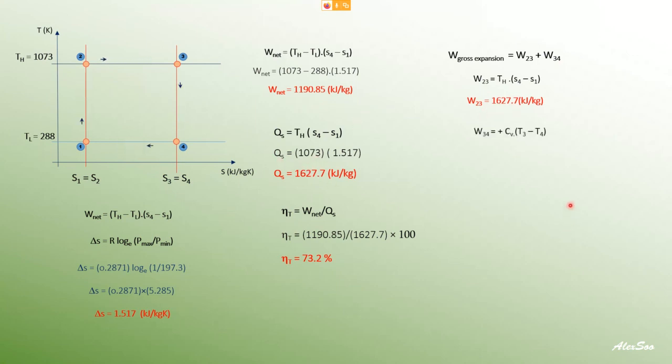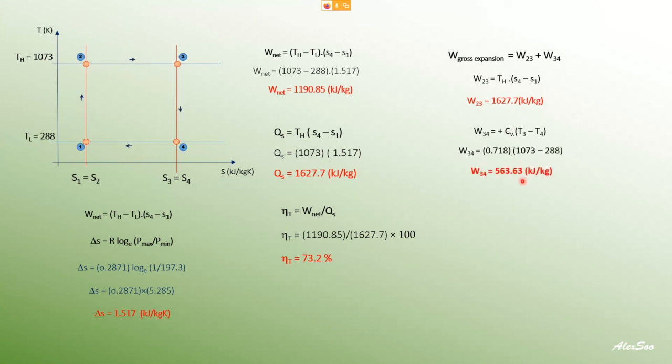And then for work 3 to 4, we are looking at an isentropic process. For an isentropic process, there is no heat flow or transfer, so the work done is equal to only the change of internal energy, which can be written as CvΔT.